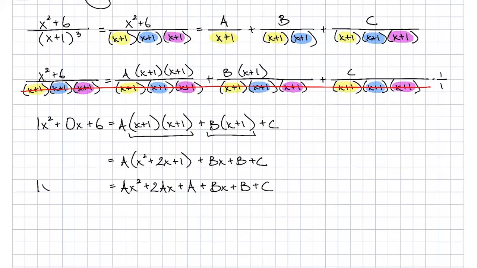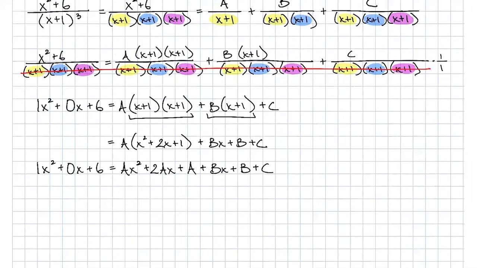And we have 1x squared plus 0x plus 6. Now, I do want to show us one solving by systems, just in case, okay?